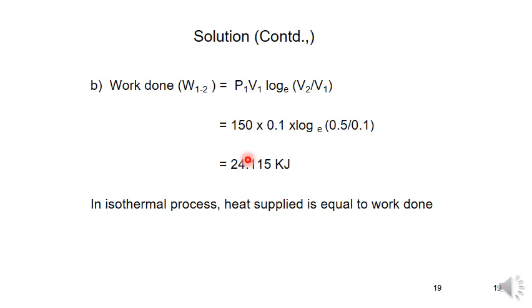In an isothermal process heat supplied is equal to work done. So heat supplied dQ is equal to dW, which is 24.115 kilojoules. In this also we can write the formula as P1 V1 log P1 by P2, so we get the same answer, 24.115 kilojoules. So we move to the next.